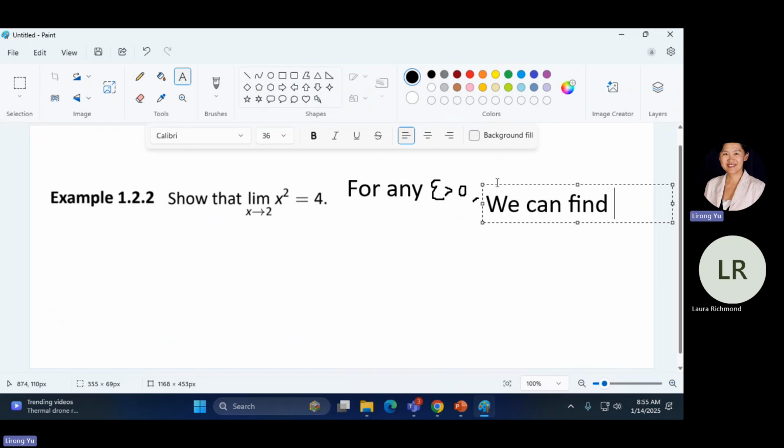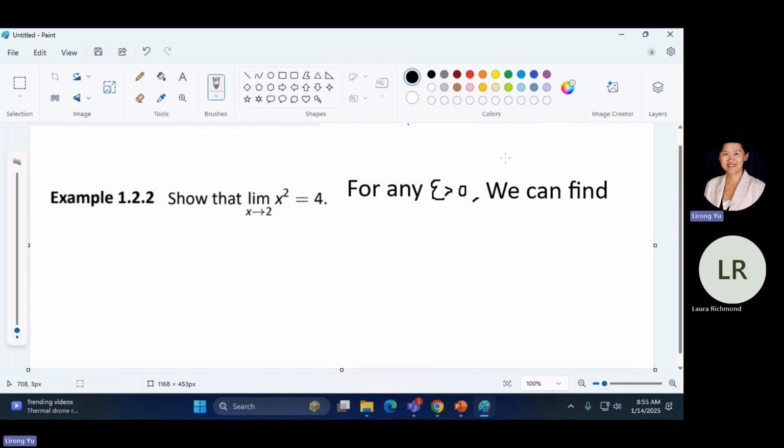Even though we say there exists, how do we know it exists? We gotta find it. So we can find a positive delta, bigger than 0, such that whenever the absolute value of x minus 2 is less than delta, we will say that the absolute value of x squared minus 4 will be less than epsilon.